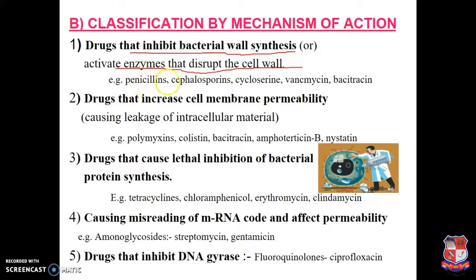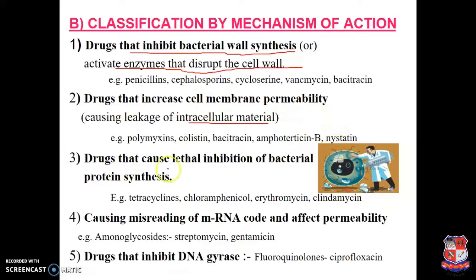Examples are penicillin, cephalosporin, cycloserine, vancomycin and bacitracin. Drugs that increase cell membrane permeability or cause leakage of intracellular materials. Examples are polymyxin, colistin, bacitracin, amphotericin B, and nystatin.